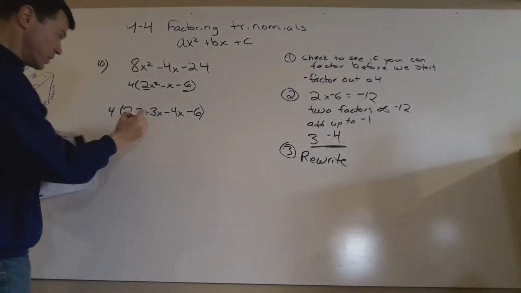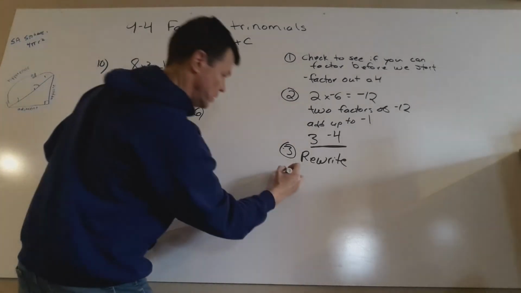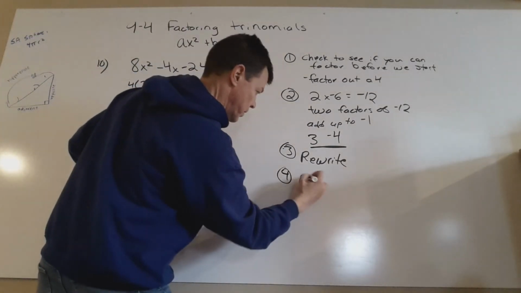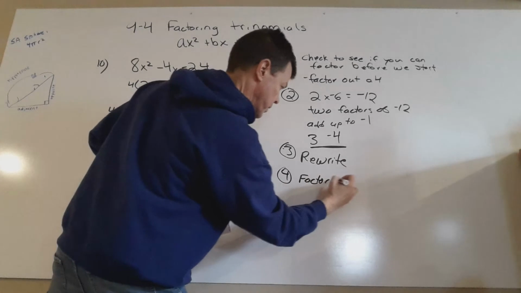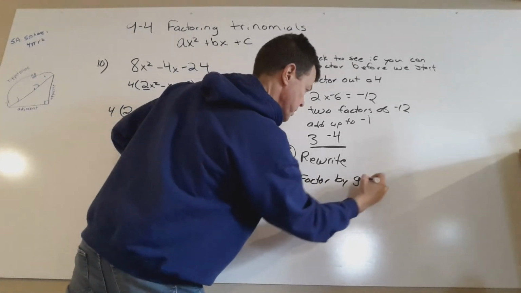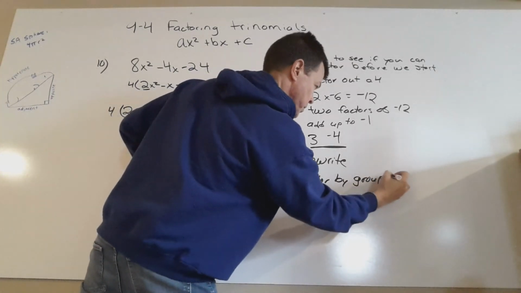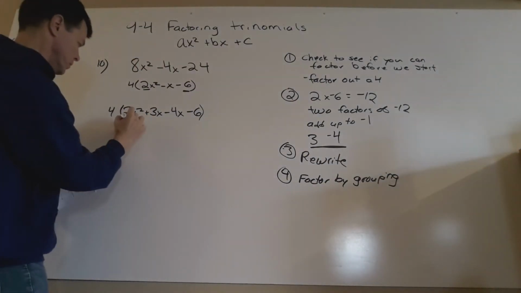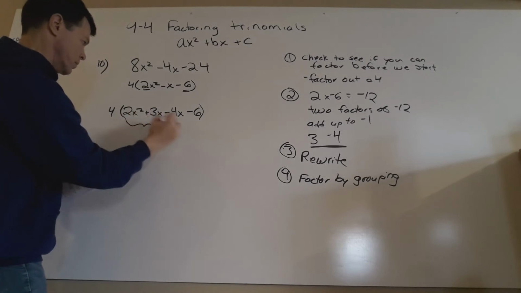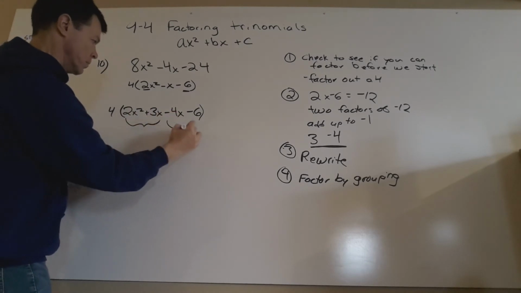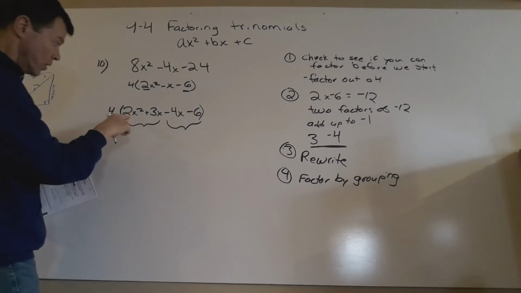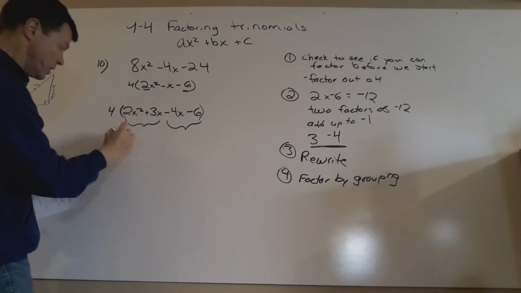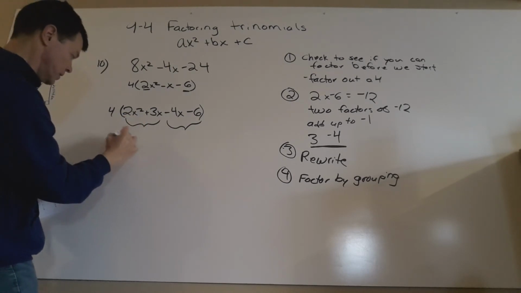All right, so factor by grouping. Two x squared plus 3x, we can only factor an x out of that.